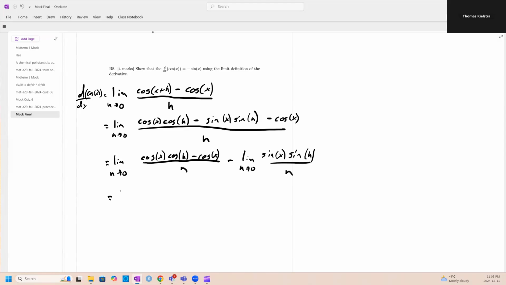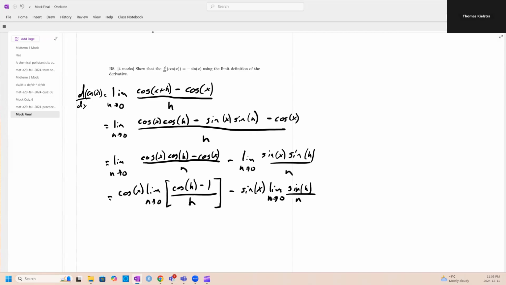Well, this equals cos of x times the limit as h approaches 0 of cos h minus 1 over h, minus sine of x times the limit as h approaches 0 of sine h over h, which equals cos of x times 0, as we showed, minus sine of x times 1.